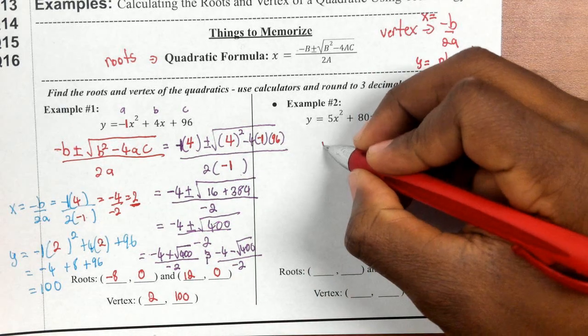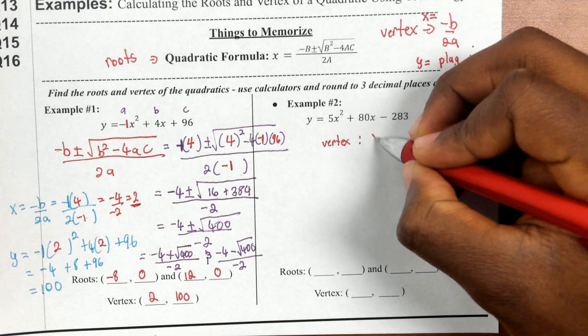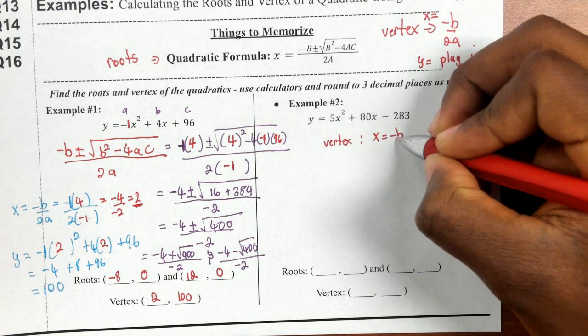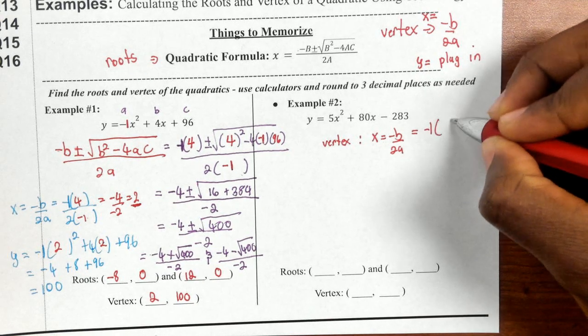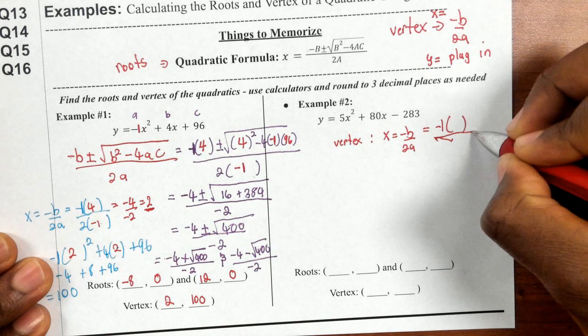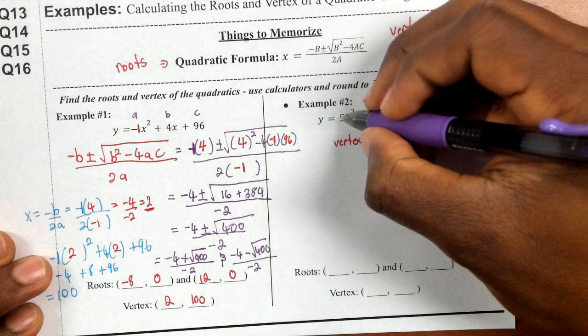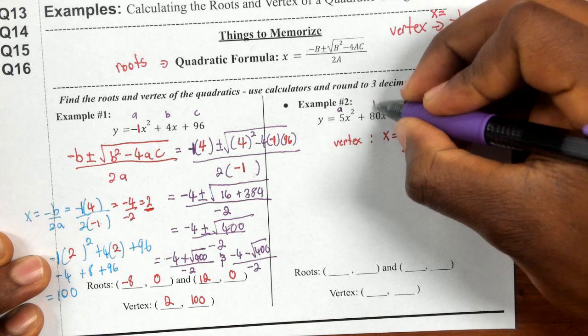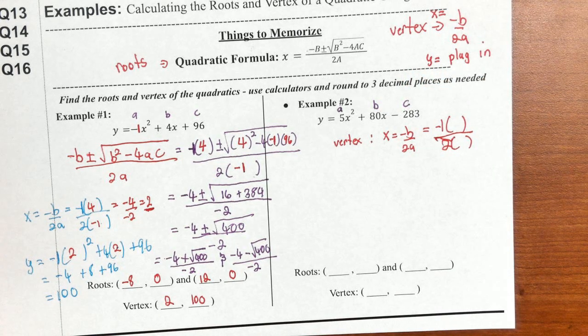I'm going to first find the x value by doing negative b over 2a. At times I write it like negative 1 parentheses over 2 parentheses. And you know that your a is 5, your b is 80, and your c is negative 283.